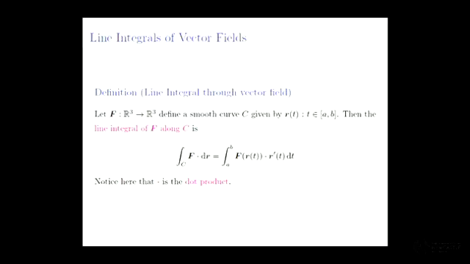So let F be a vector field, and let C define a smooth curve given by r(t). Then the line integral of F along C is given by this expression here, where this is a dot product. We remember what the dot product is, yeah? Scalar product.